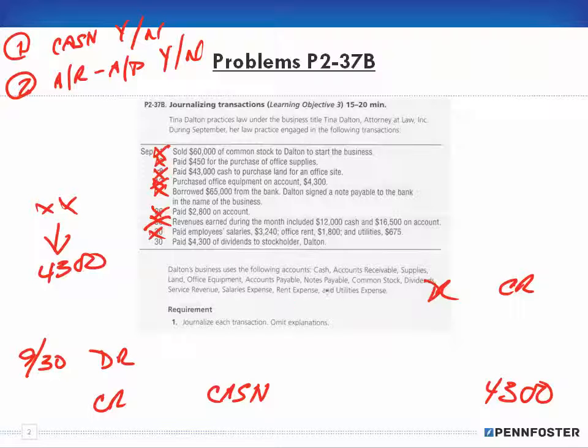That's what we're paying out. I look at my chart of accounts, and dividend is an equity account, so I have common stock and I have dividends. So I'm going to debit my dividend for $4,300, and that's the journal entry for that.